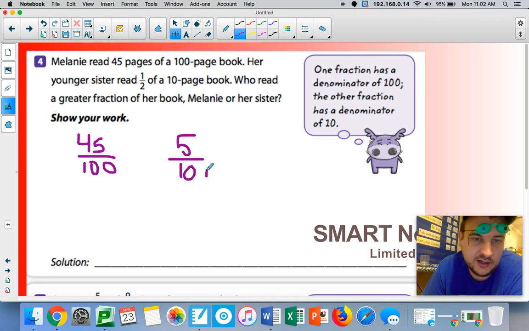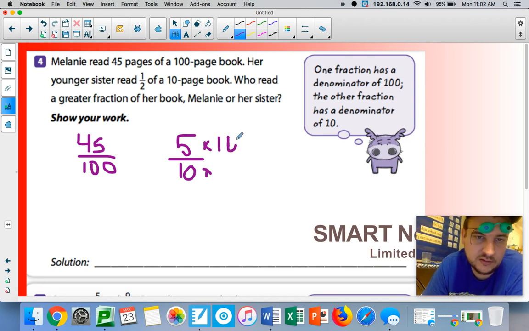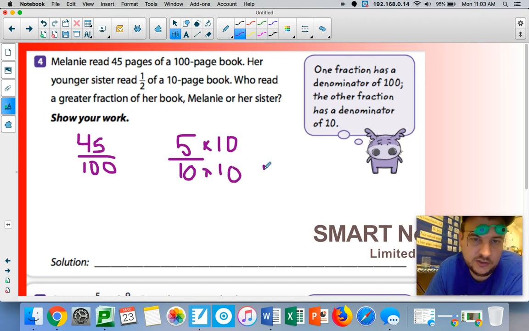So to figure out a common fraction, I have to multiply it times 10, which gives you 100 as my denominator and 50 as my numerator.